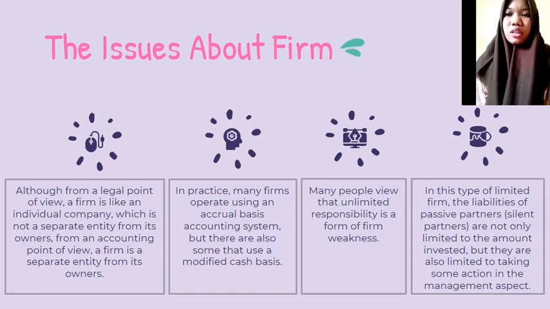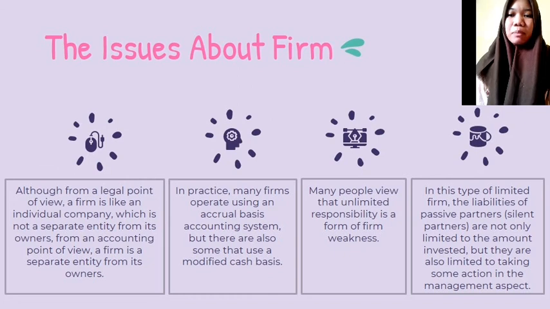The first issue is, although from a legal point of view a firm is like an individual company which is not a separate entity from its owners, from an accounting point of view a firm is a separate entity from its owners. Second, in practice, many firms operate using an accrual basis accounting system, but there are also some that use a modified cash basis.